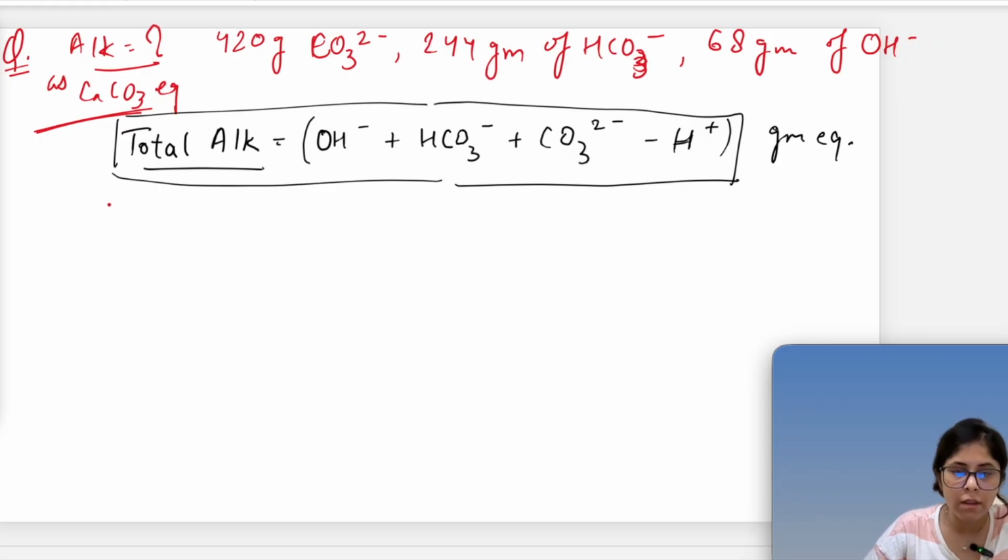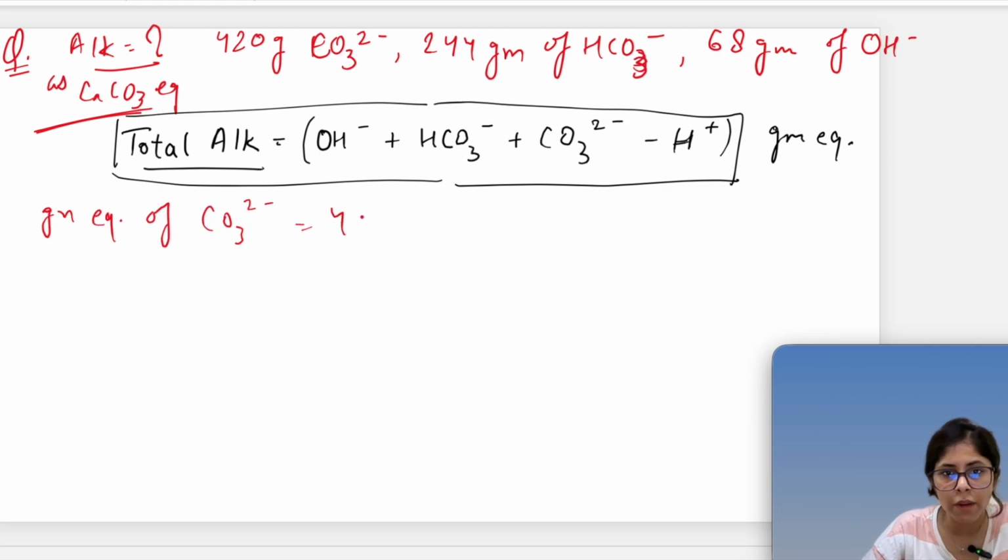420 grams of CO3. Can I calculate the gram equivalent of CO3 2 minus? It's nothing but weight upon equivalent weight. So 420, the equivalent weight of CO3 is 60 upon 2, which is 30. So it comes to be 14, right?